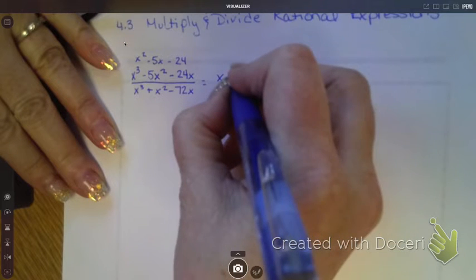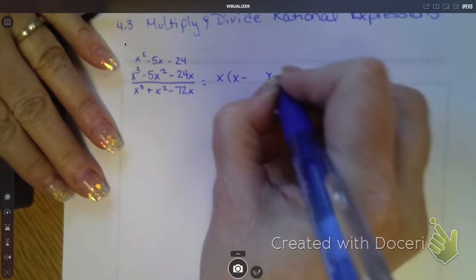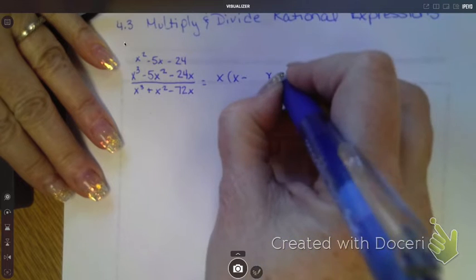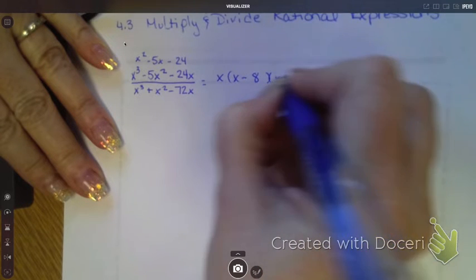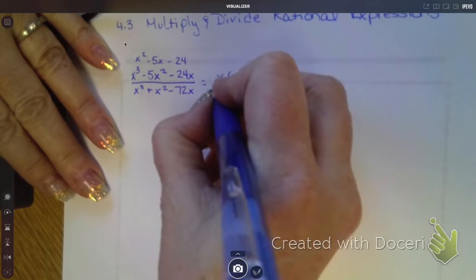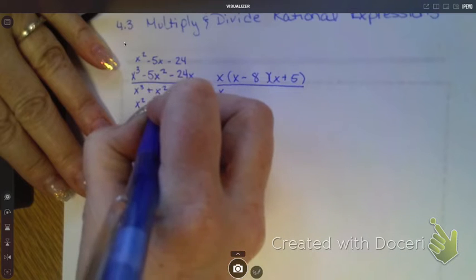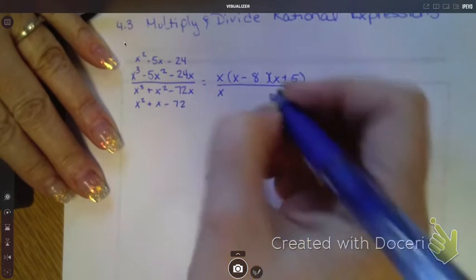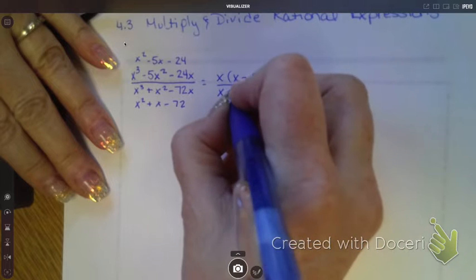So x minus 8 and x plus 5. And then the denominator, x again, right? So x squared plus x minus 72. Can you factor that? Yes. X plus 9, x minus 8.